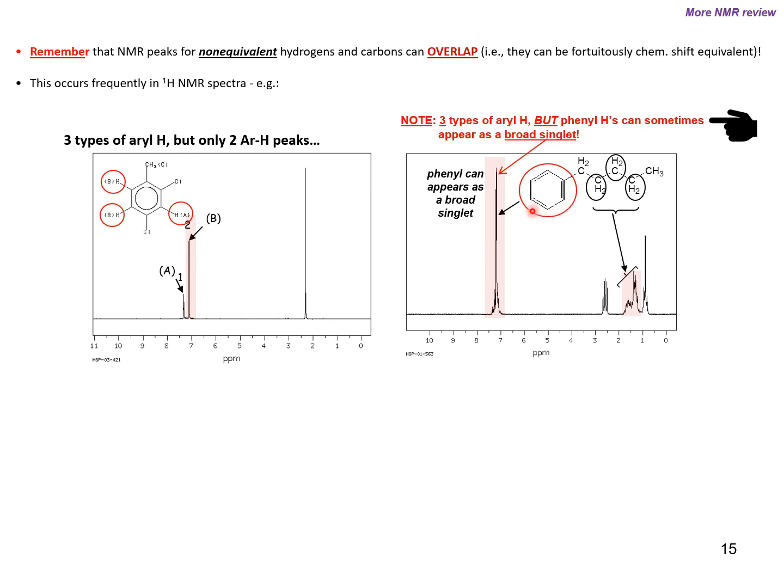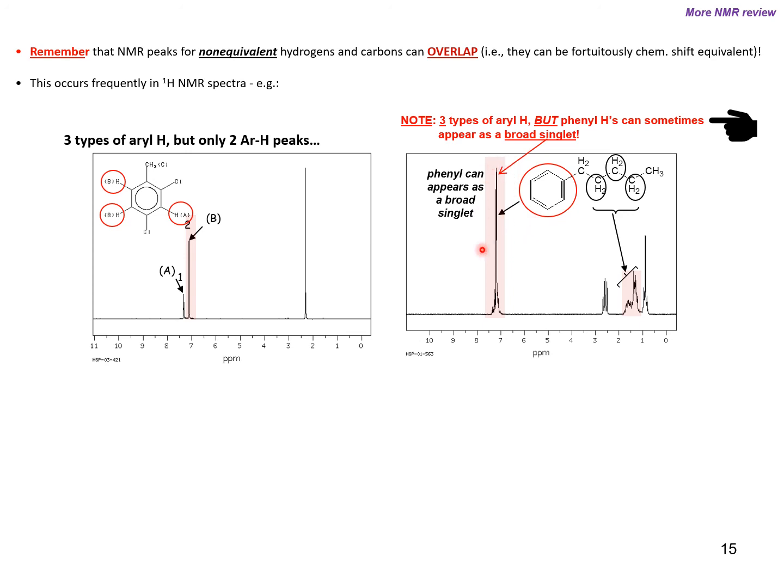They sit on top of each other in the proton NMR. So this is the aromatic region, and you have this large broad looking peak which almost looks like a singlet, but it isn't. It's just a broad peak that combines the 3 peaks for the 3 different types of hydrogen here.